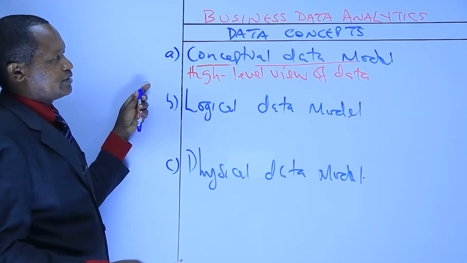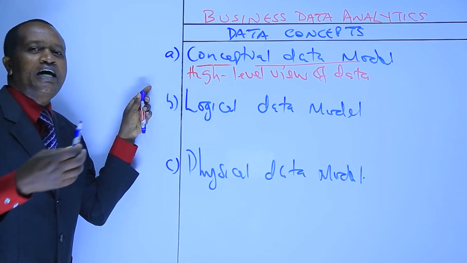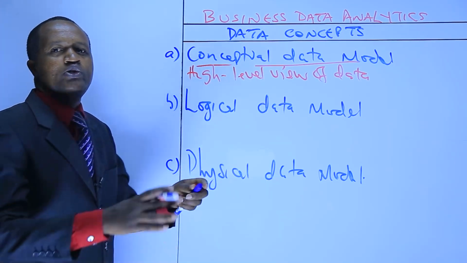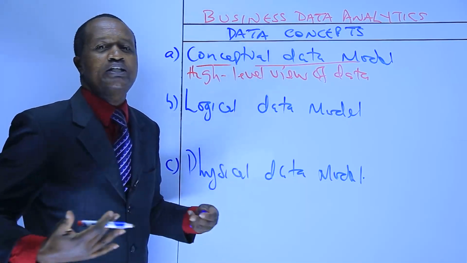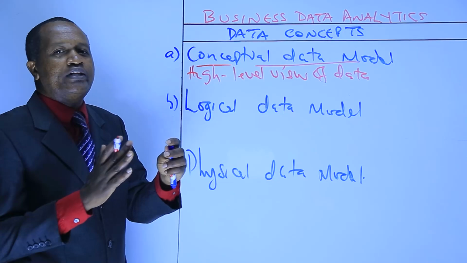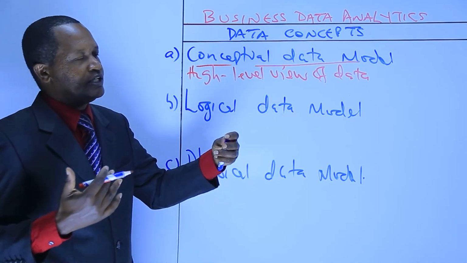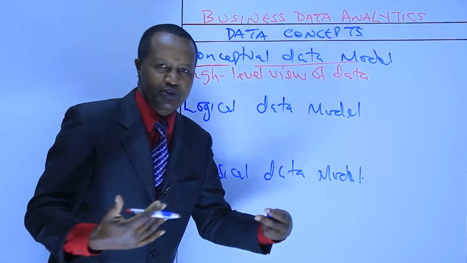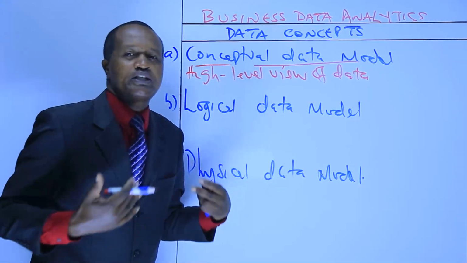The conceptual data model represents the high-level view of data without considering any technical details. It only focuses on the business concepts. It focuses on the relationships between the business concepts.